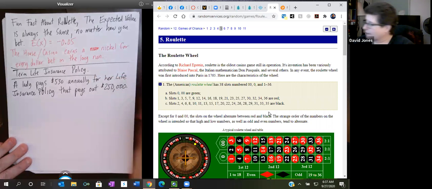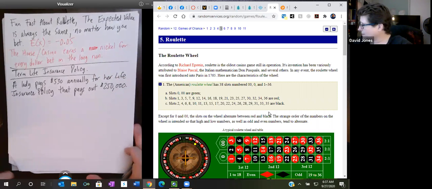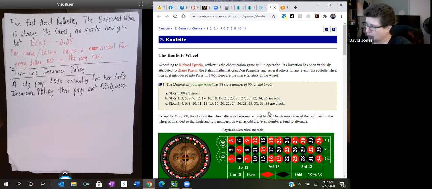That's so her family can pay for the funeral and have a little something extra. And this is for a specific age range.